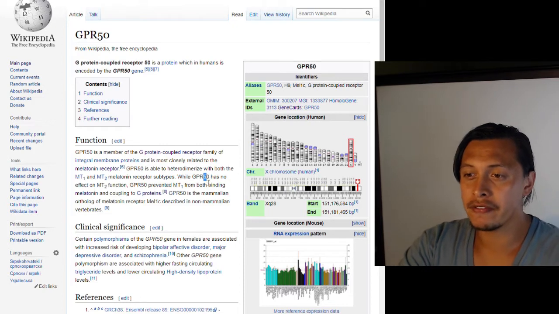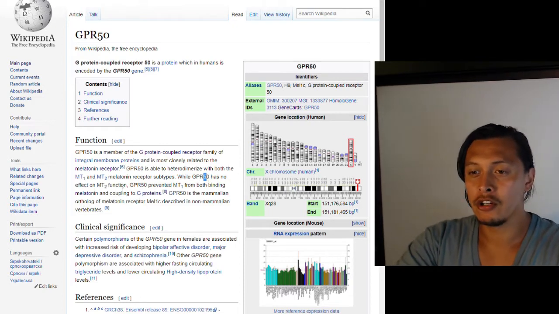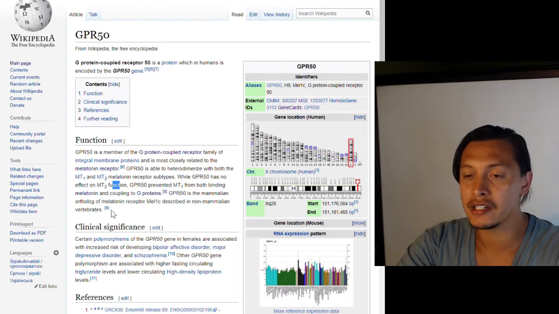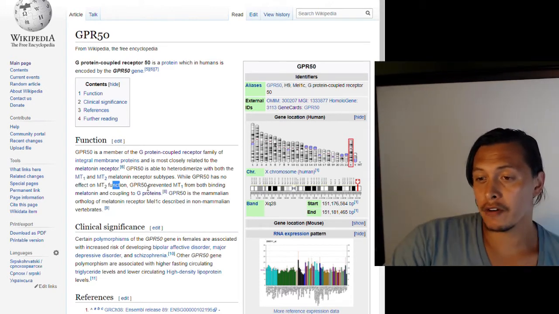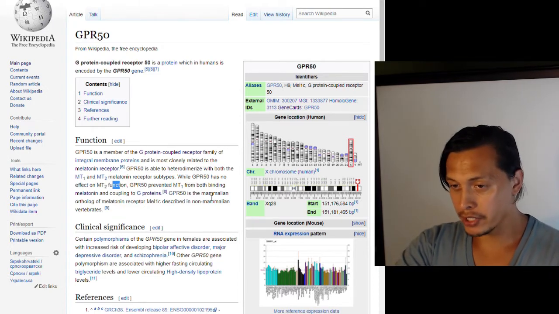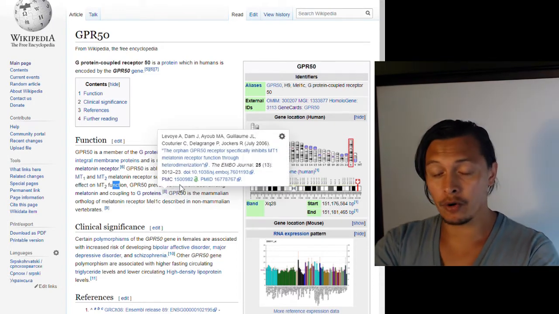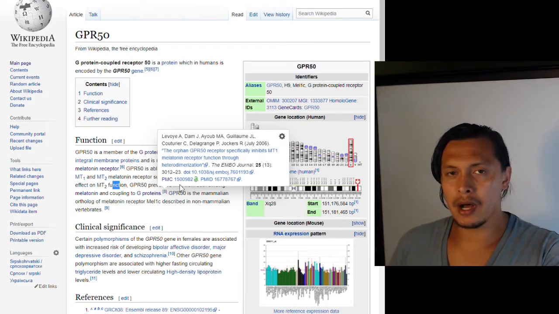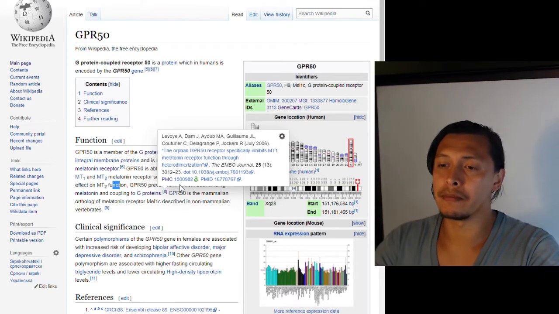However, GPR50 has no effect on the MT2 function, so even though it can dimerize, it doesn't seem to affect its function. GPR50 prevented MT1 from both binding melatonin and coupling to G proteins. So this is actually forming or causing a self-modulatory effect is what it appears like.